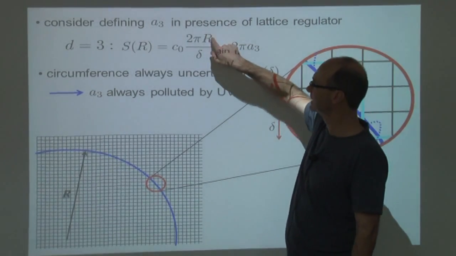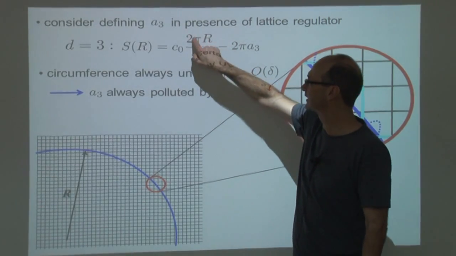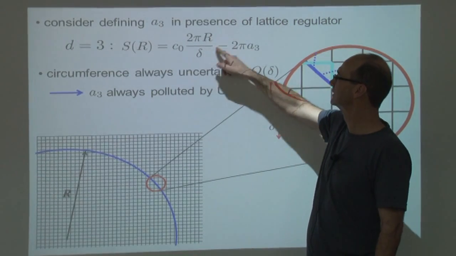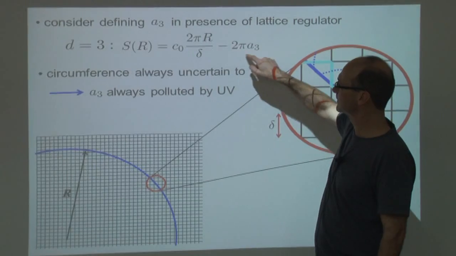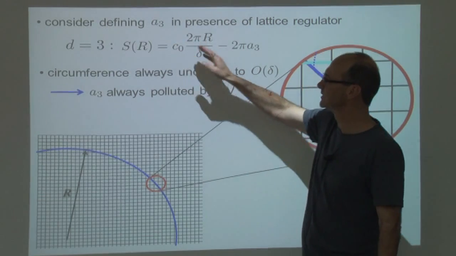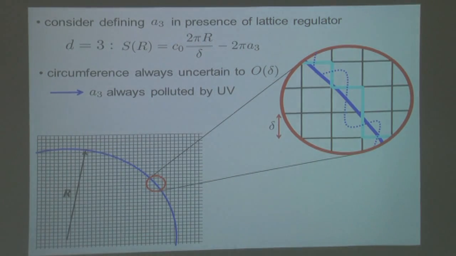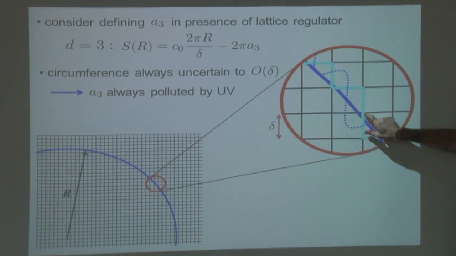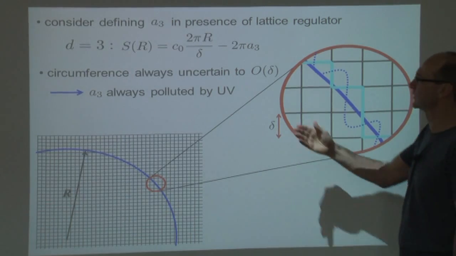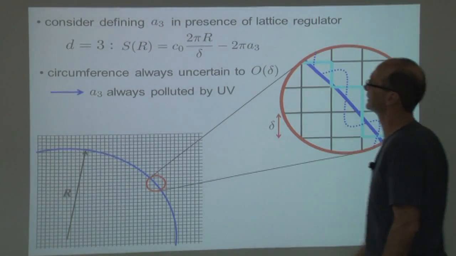And so if different calculations shift this number by things of order delta, then this stuff over here, my constant term, is going to get polluted by information coming from the UV. Another way of saying that is that when we get down to the scale of the lattice spacing, we don't really know what surface we're talking about, and so that's why there are uncertainties in that circumference.